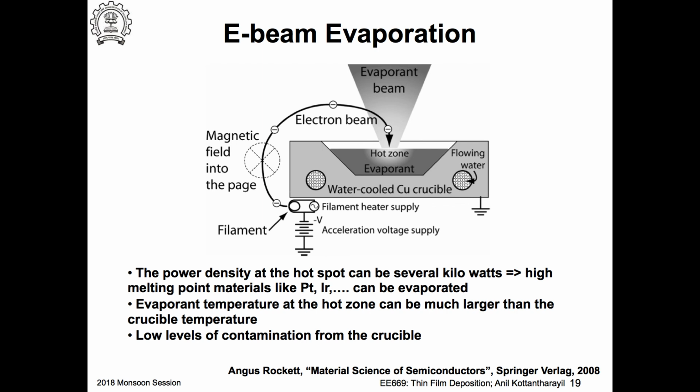I want to heat the source, the material I want to evaporate, I want to melt it, but in this case I don't heat the crucible intentionally. If I want, I can actually place or flow water to cool this. That is possible. So this means that the contamination from the crucible can be controlled much better in an electron beam evaporation system compared to a thermal evaporation.